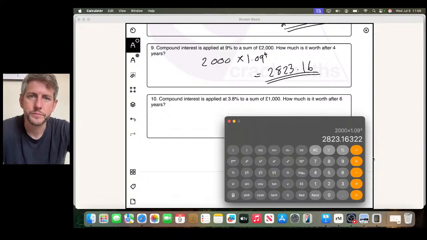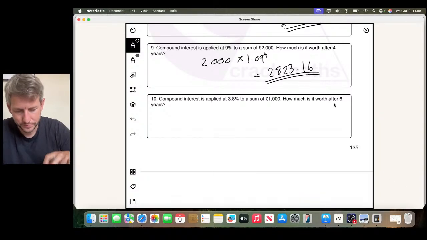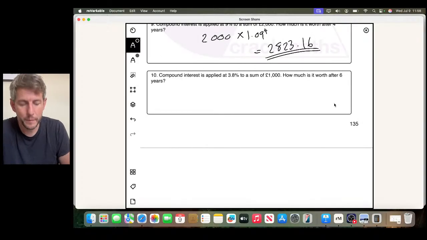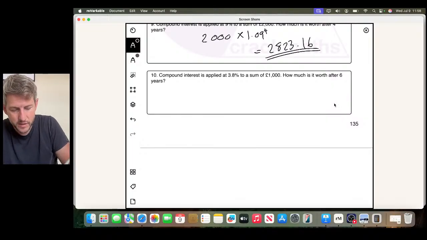Okay, right. Next one here. We've got compound interest is applied at 3.8% to a sum of £1,000. How much is it worth after 6 years? So we've got 1,000 times 1.038 to the power of 6.